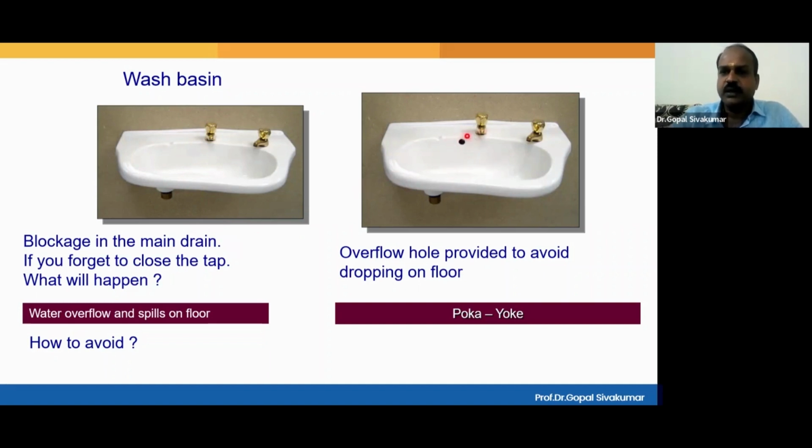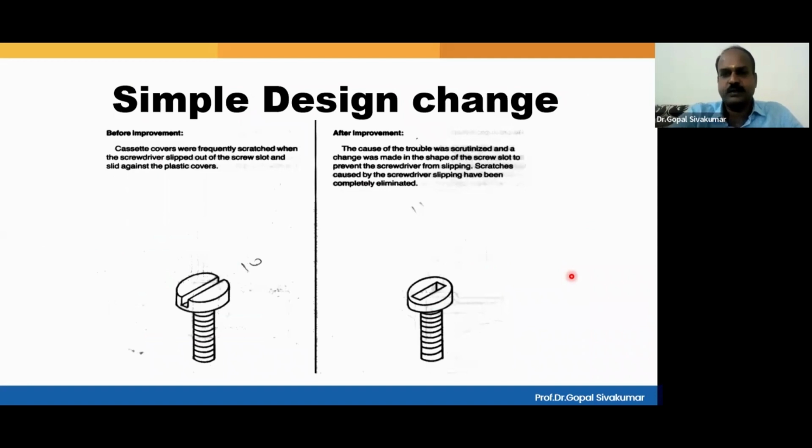An additional drain hole is provided. Even if you do not close the tap, and even if the drain channel is getting blocked, the water can still get disposed properly through this drain hole. This is an additional level of control provided in terms of the design of the wash basin.